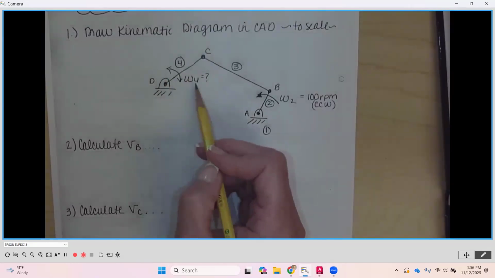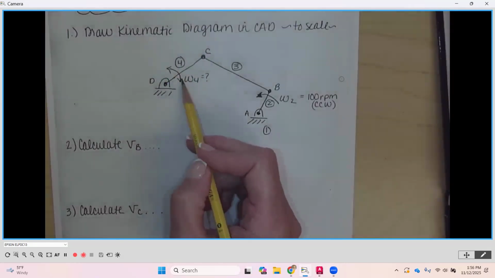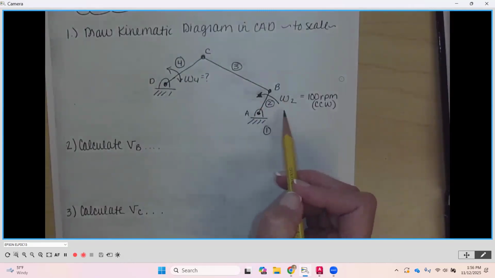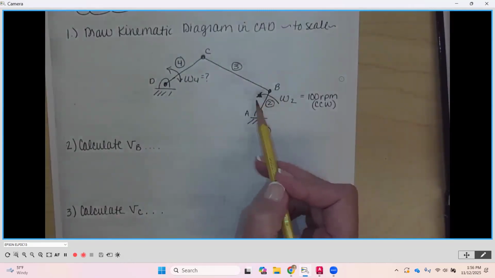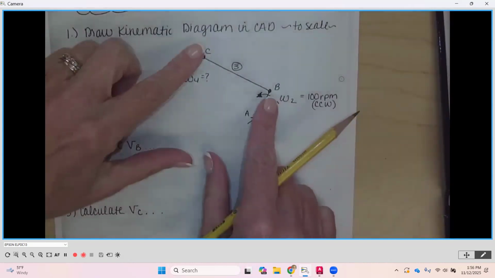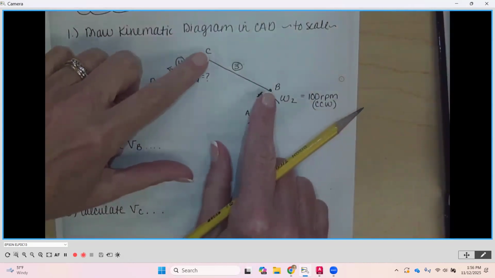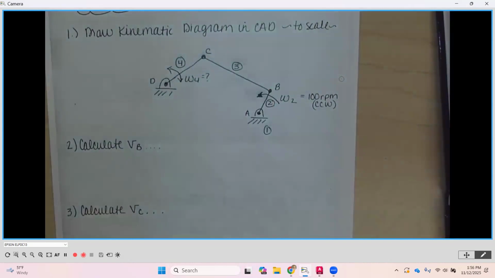So this angular velocity is determined relative to the angular velocity of link number 2, and they're not directly connected. They're connected through this relative link. So the equation that we use, the vector equation that we use, is for straight line velocities.